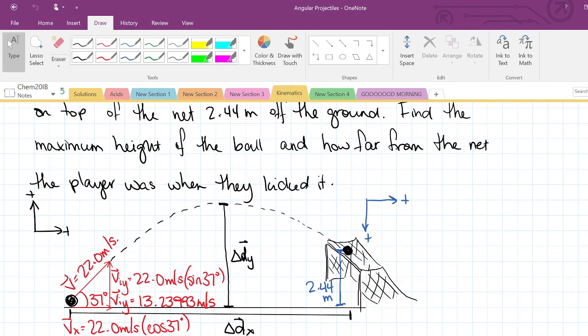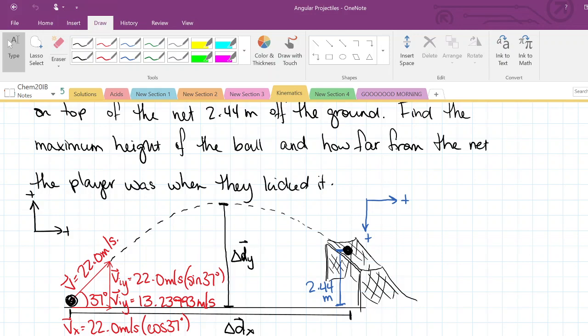So the first thing I want to do is draw my picture. If I can picture what's going on, it makes the calculation so much easier. And I've said this continuously since we started physics, but if you can take a moment to just picture it, it helps set up how you're going to go about solving this problem. So we've got our net over here. Here's my ball at some place, away from the net.